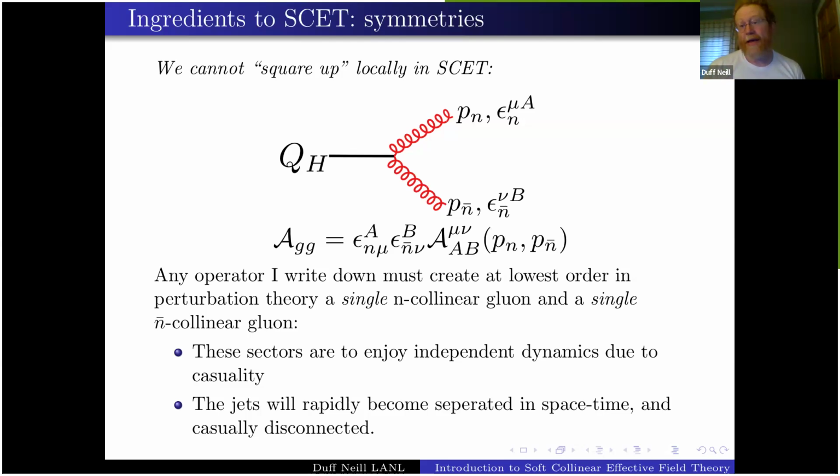That makes sense. Those operators are gauge invariant, they're color neutral, and therefore they can only create color neutral systems. So they can't create a single gluon, they have to create two gluons that color neutralize with each other. They can't create a single quark, they have to create an anti-quark with it in order to color neutralize it. But I want to create, at least at lowest order in perturbation theory, a single quark or a single gluon that's going to represent the progenitor of my jet.